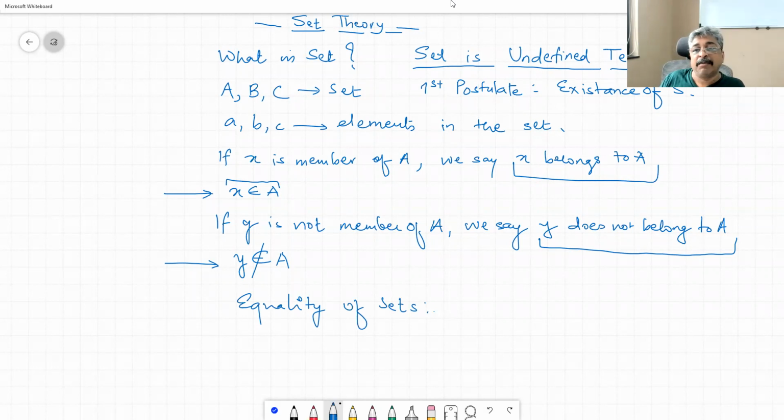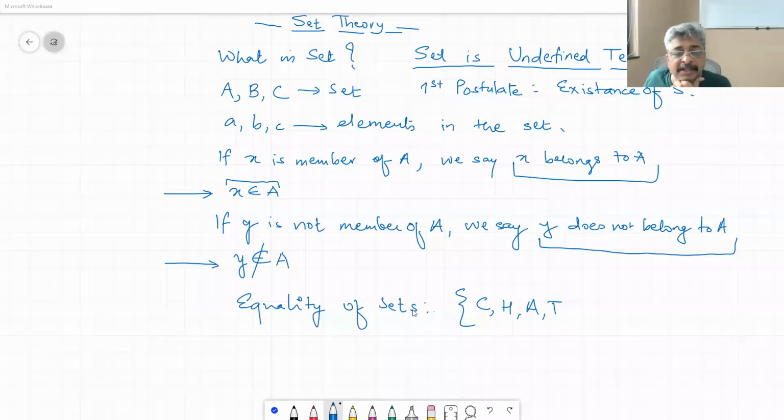Can somebody tell me when we can say two sets are equal? Okay, two sets are equal if, as Shaurya said, they must have the same number of elements, and all the elements in the first set are present in the second and all the elements present in the second are present in the first.